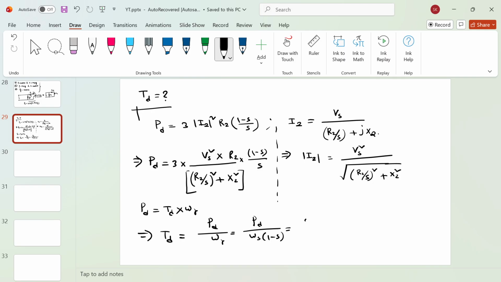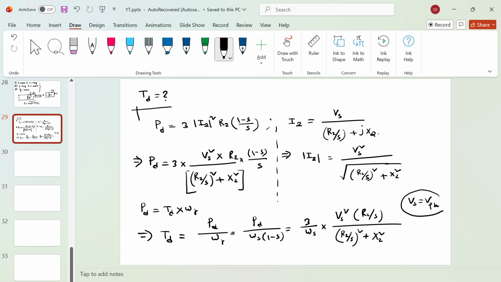So you will get 3 by omega S into Vs square R2 by S divided by (R2 by S) whole square plus X2 square. See, this Vs is nothing but the supply per phase voltage, coming from the supply. Vs is equal to V per phase. So maybe I can write V per phase from now onwards.